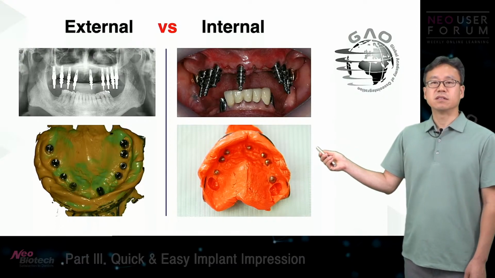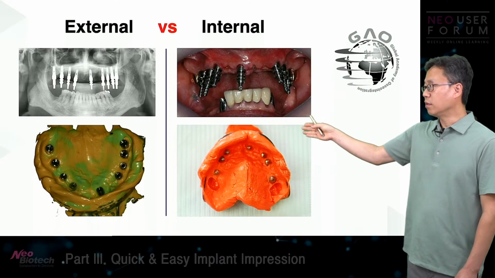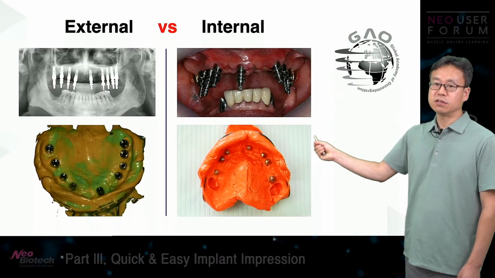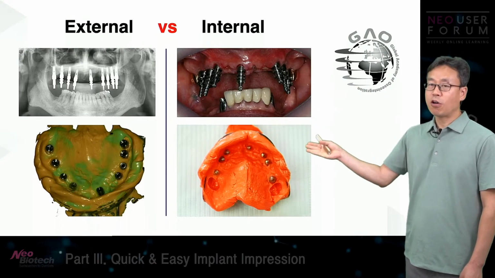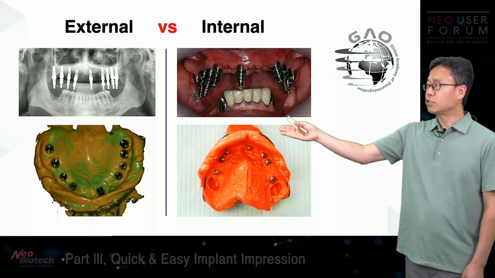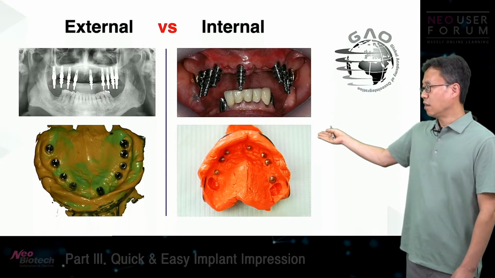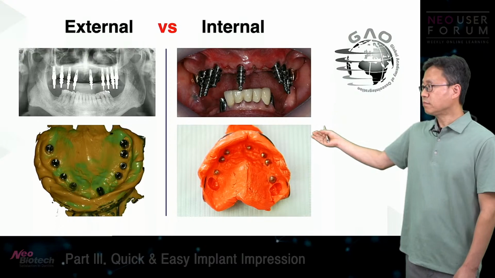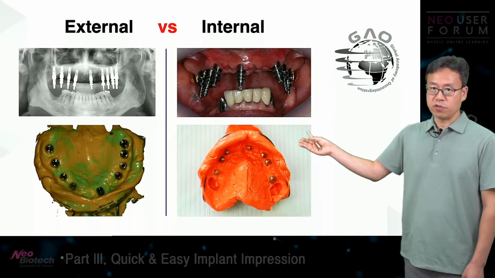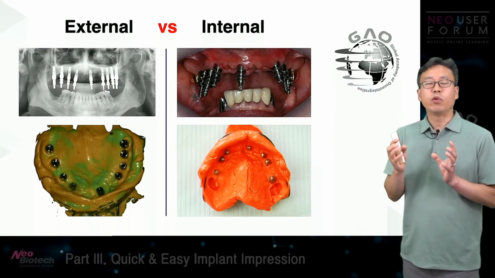What's your guess? Right. The right one, the internal connection, is harder to remove from patient's mouth. External connections, even though it has 2 more implants than the right case, it's easier to remove because the connection itself is weaker.